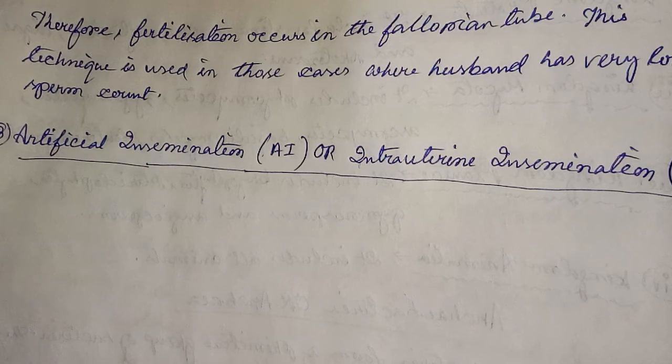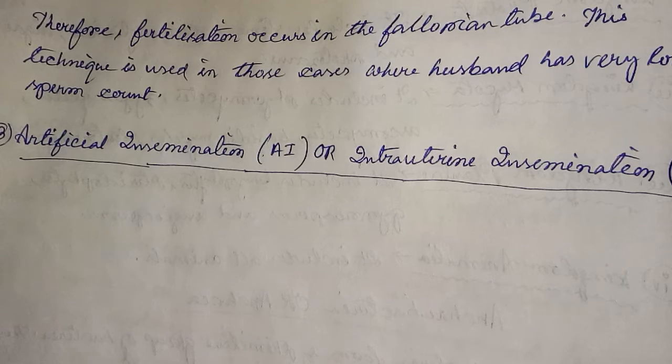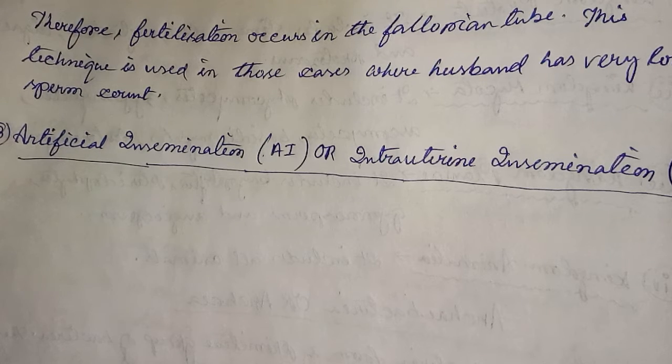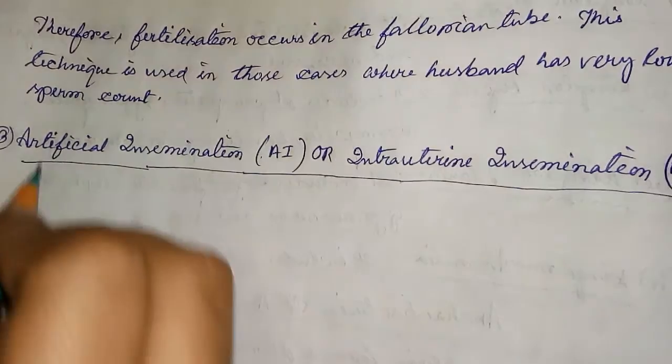AI is carried out with sperm from the male partner or a donor and can be combined with superovulation. Donor sperm are used if the male partner is sterile, has extremely low sperm count or carries risk of some genetic disease.